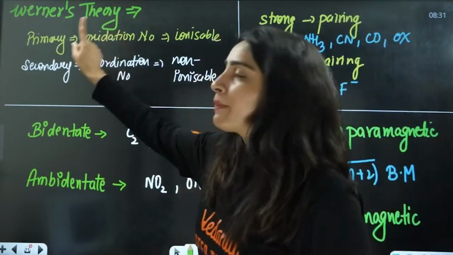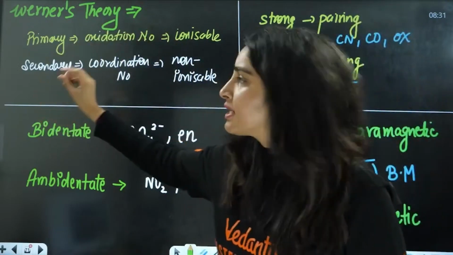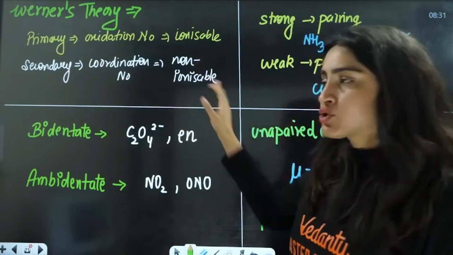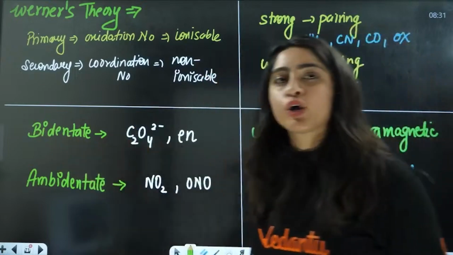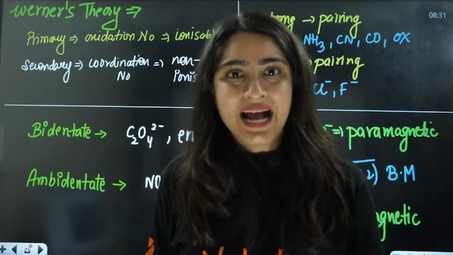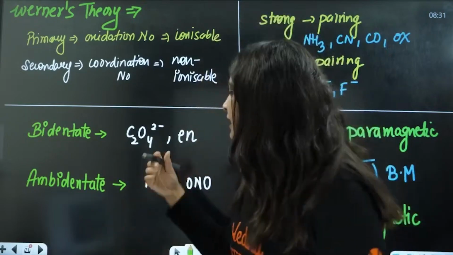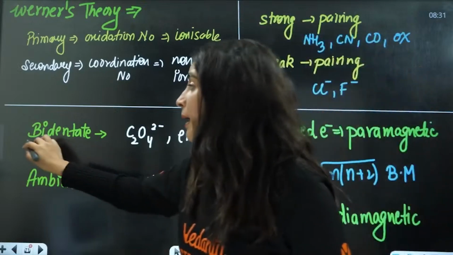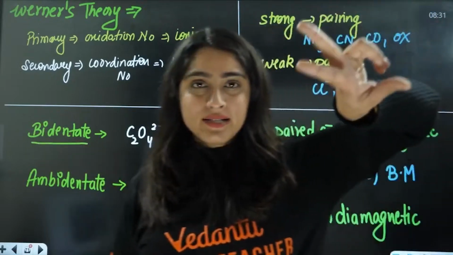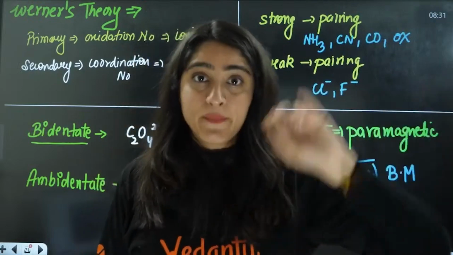Werner's theory: primary valency is the oxidation number, which is ionizable. Secondary valency is the coordination number, which is non-ionizable. Then we are talking about bidentate and ambidentate. Bidentate is when you have two donating sites and both are donating at one time.